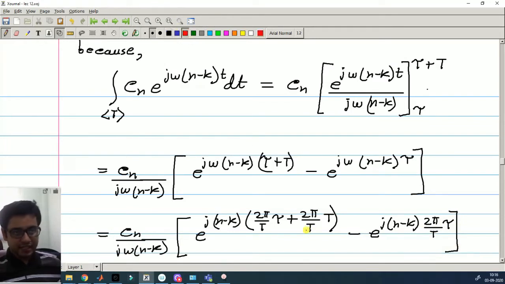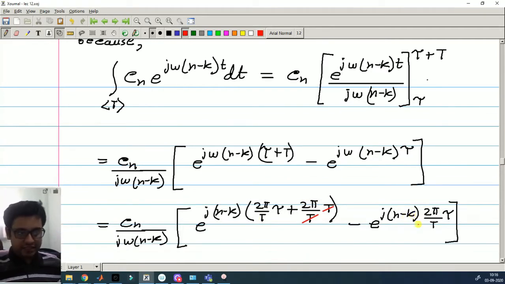Now it is clear that this dt cancels, and e to the power j, this thing is a periodic signal, you know, and therefore this 2 pi will have no effect. Okay, so these two terms are therefore equal and they cancel.